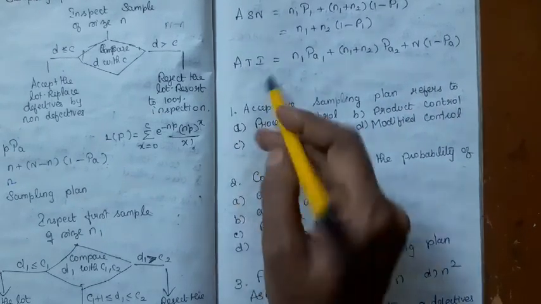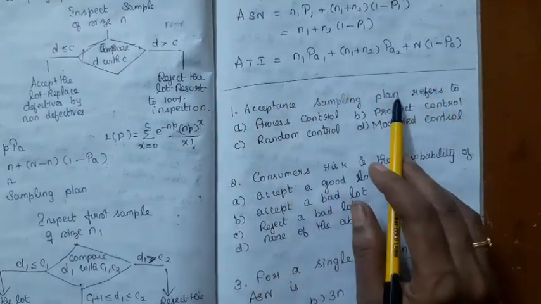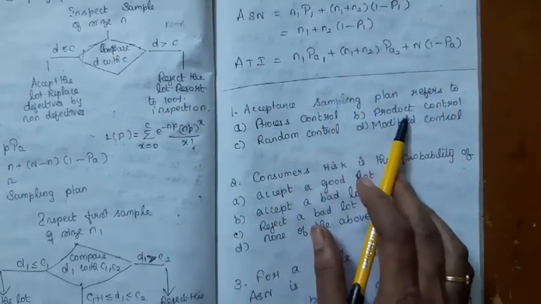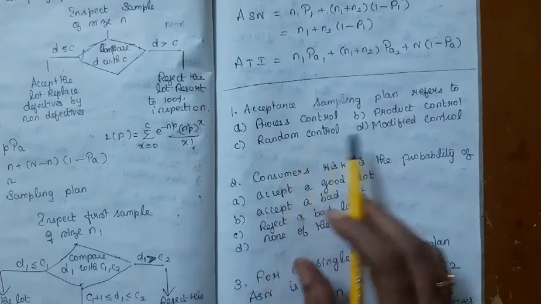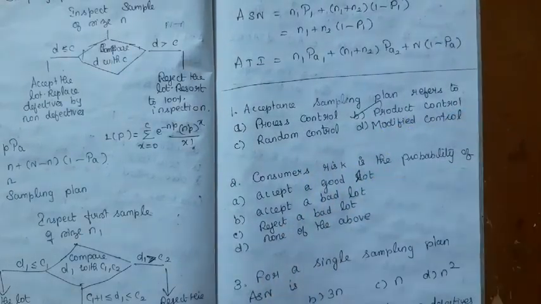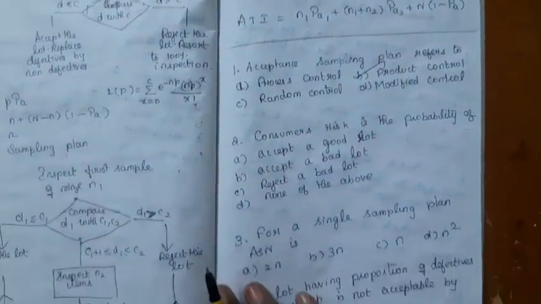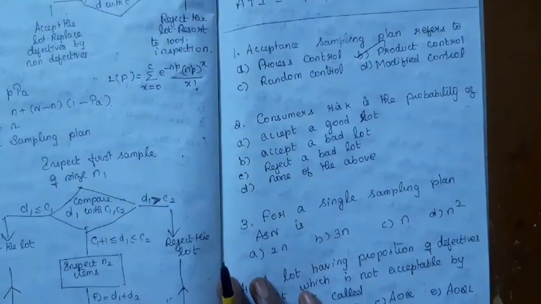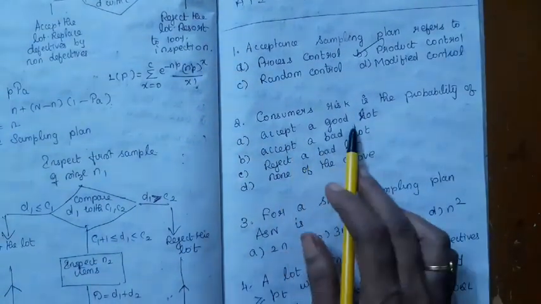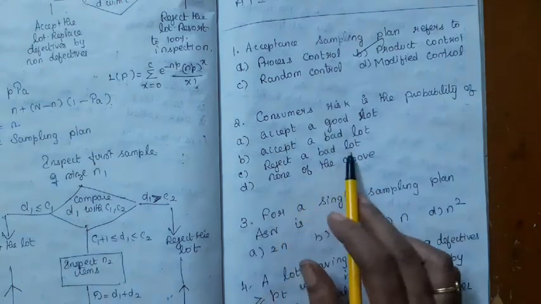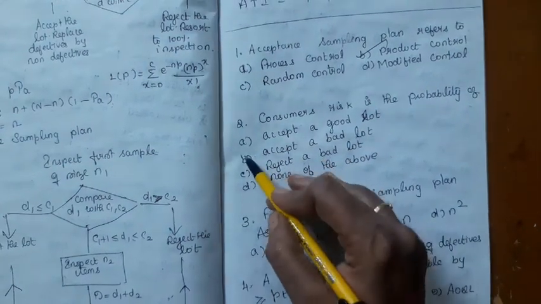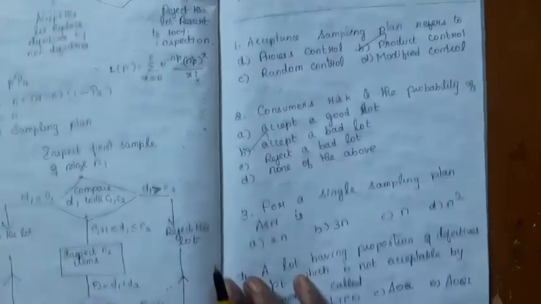Now let us come to the questions. Acceptance sampling plan refers to process control technique, product control technique, random control technique, or modified control technique. Product control. Consumer's risk is the probability of accepting a good lot, accepting a bad lot, or rejecting a bad lot. Accepting a bad lot is consumer's risk.